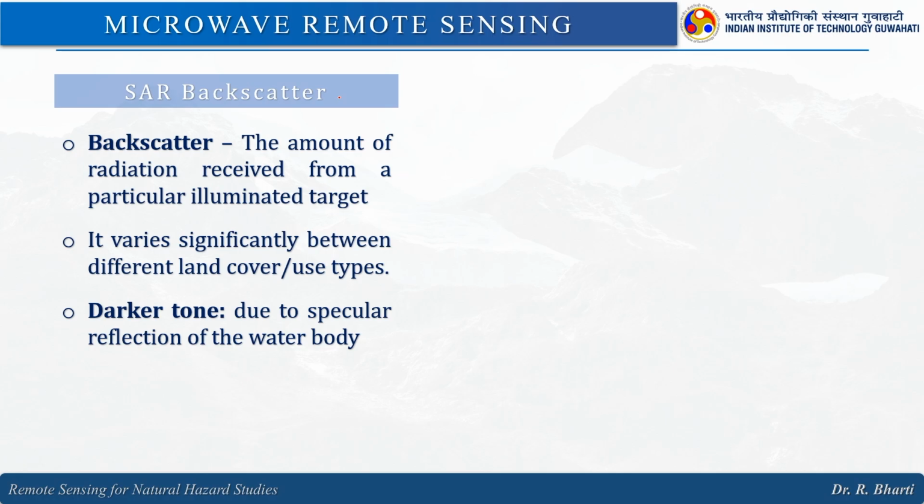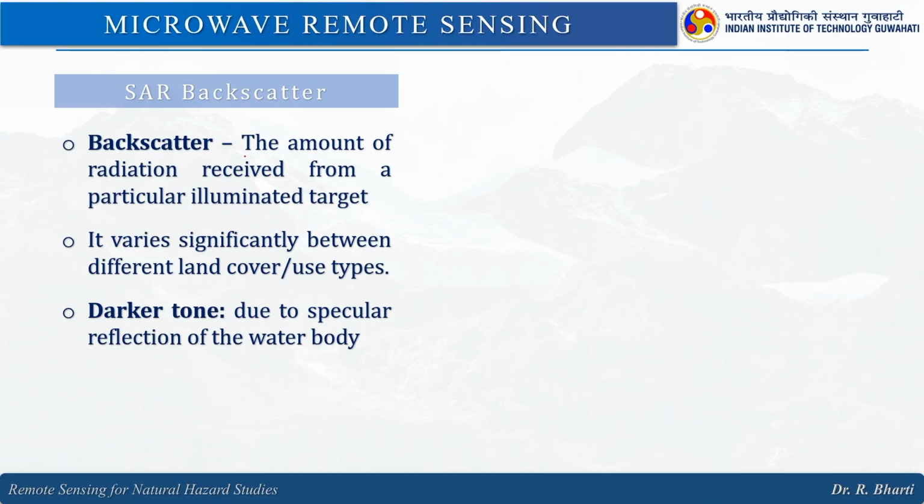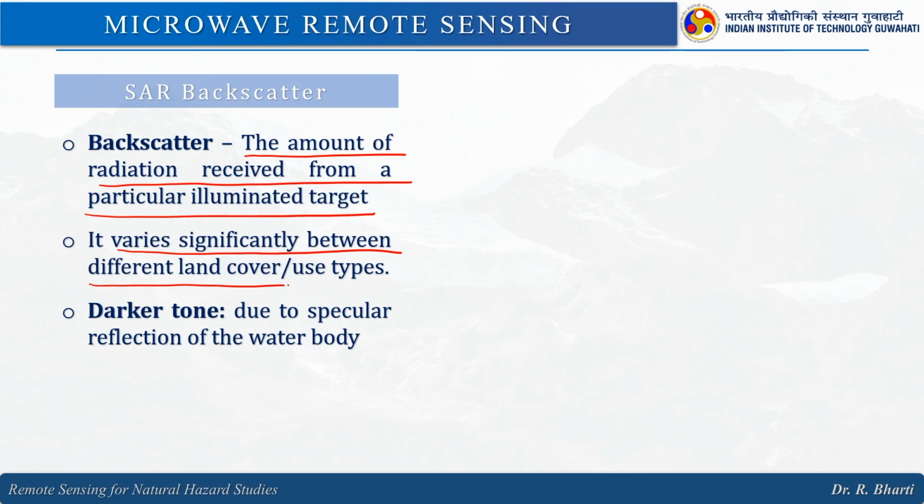Now, we have learned all the different scattering mechanisms. Now, we will see how these backscattering values or backscattering mechanisms are used in flood studies. So, backscatter is the amount of radiation received from a particular illuminated target. It varies significantly between different land covers and land uses.